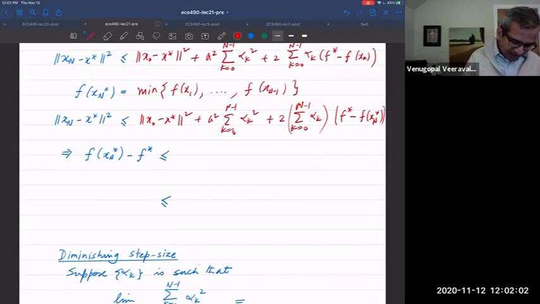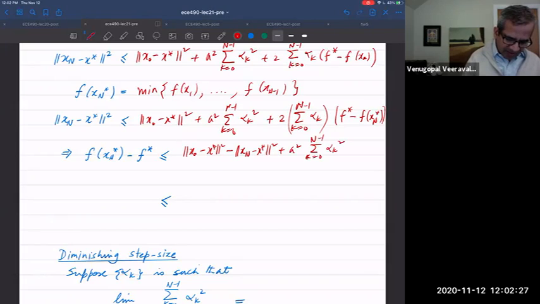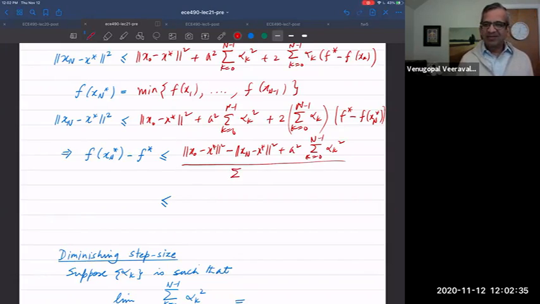Okay, so I get this is x0 minus x star squared minus xn minus x star squared plus a squared times summation k equals 0 to n minus 1 alpha k squared divided by 2 times the summation of alpha k.